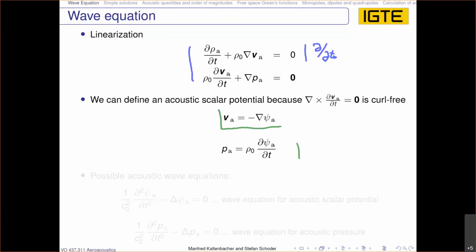And again, it's important here that the mean density is constant in time, because then you have a space derivative on the acoustic particle velocity and the time derivative. And on this part here, we also want to have a space and time derivative. Currently, we just have a time derivative.